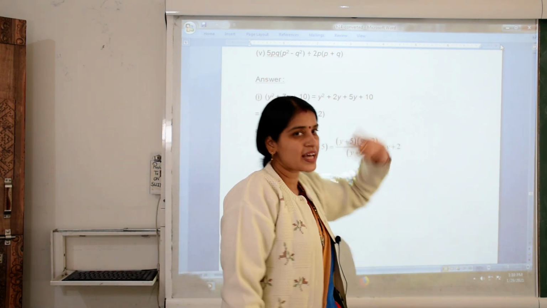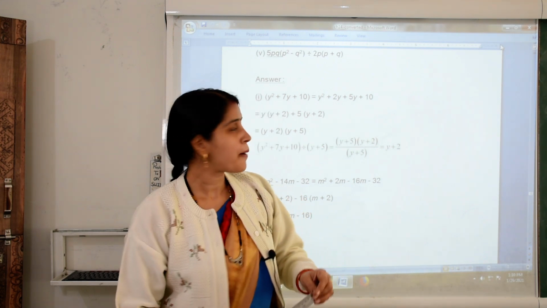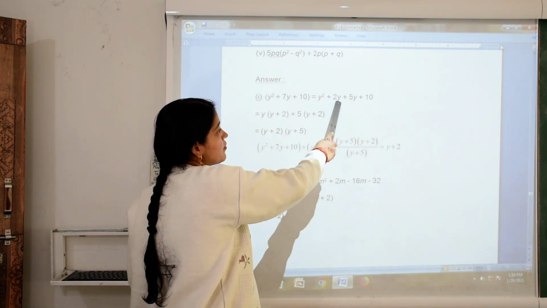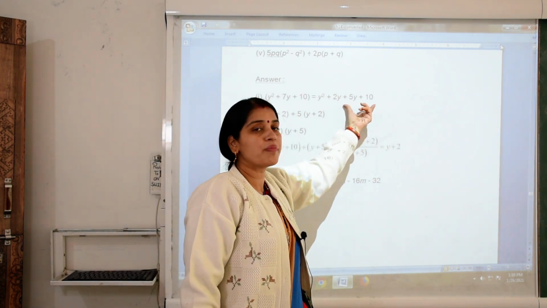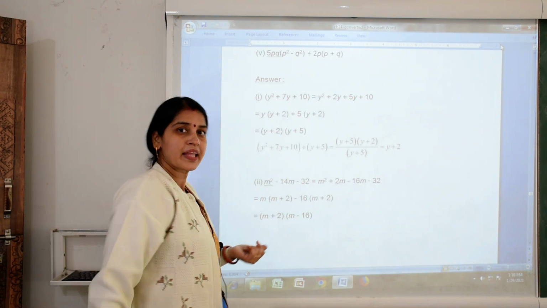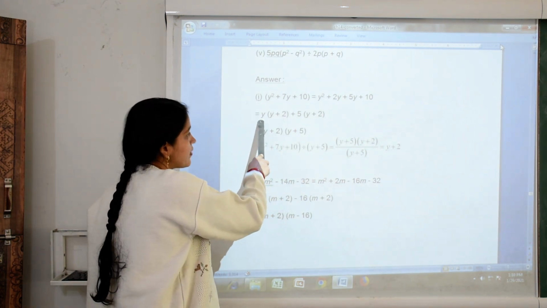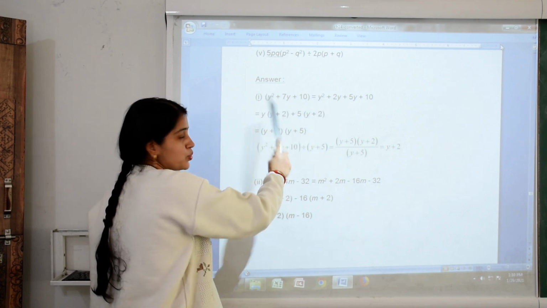Now 4 terms are there, so we have to use the regrouping method. In regrouping we take common from the first 2 terms and common from the last 2 terms. So here what is common? y is common, so we take y common. Here left is y plus 2.